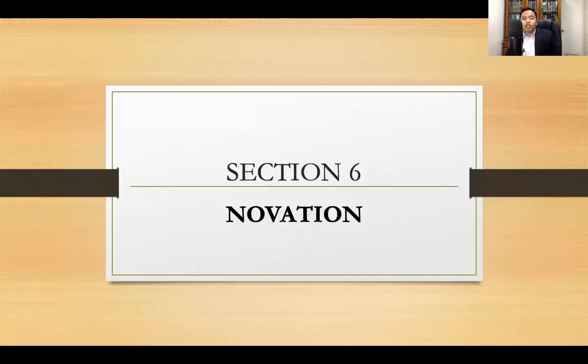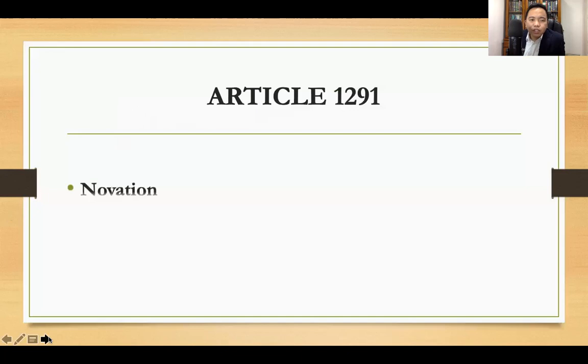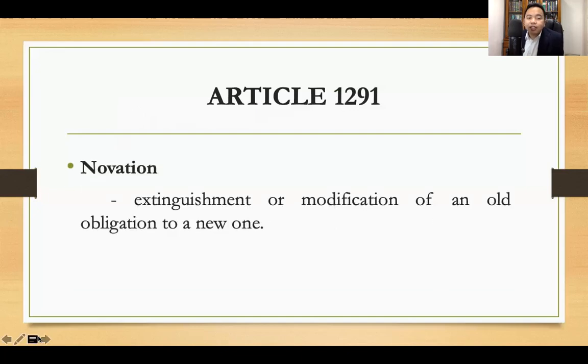Let us go to section 6, novation. Malapit na tayong matapos sa extinguishment. Now, novation. Ano ba yung sabihin ng novation? Novation is the extinguishment or modification of an old obligation into a new one. Class. Sa extinguishment of obligation, dalawa ang pinaka-importante dyan.